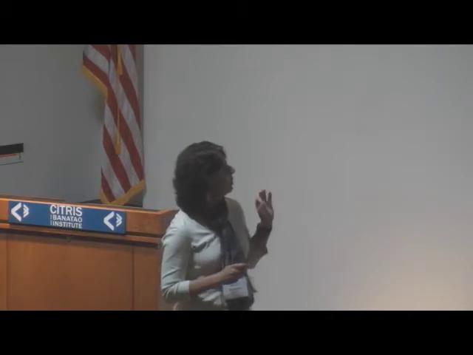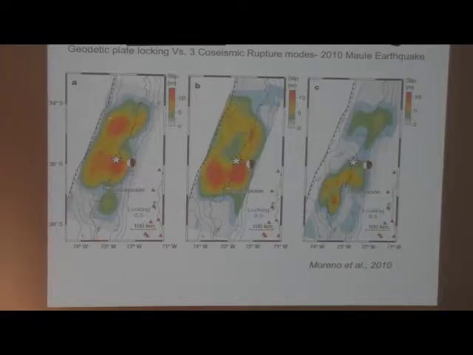They both can be inverted for the slip distribution. So here, the locking is contoured. Here is 75% locking, and that stays the same in all of these pictures. What changes is it's different people's models for the slip distribution using different data sets and different methods.